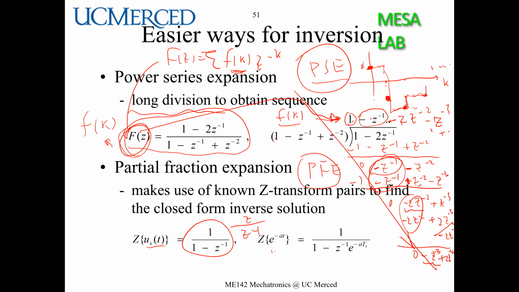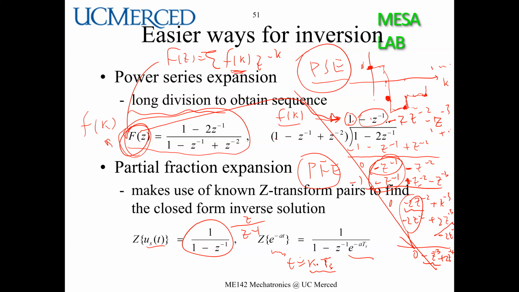And if you have an exponential function, then you end up with this one. Why is this true? Because if you have t = kT_s, where T_s is my sampling period, then k times T_s is how many ticks, how many periods.